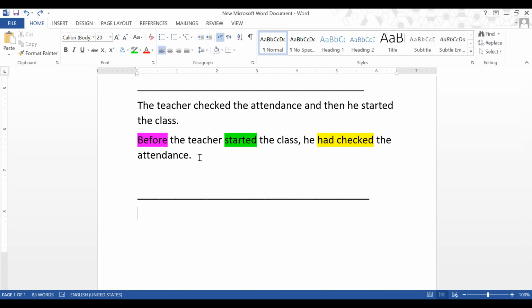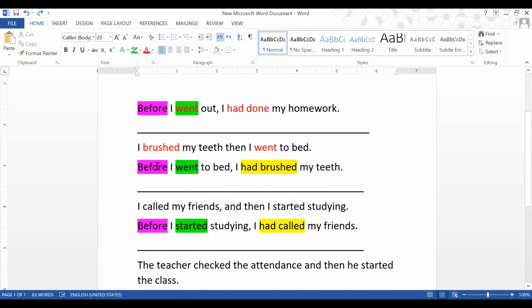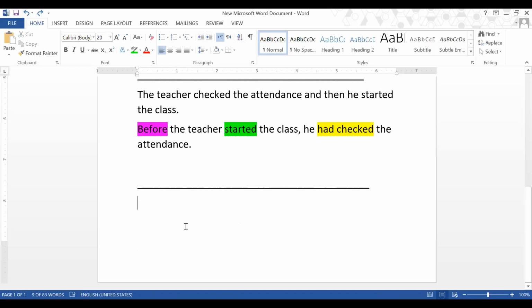Have a look at this example, the same one. Before I went to bed, I brushed my teeth and then I went to bed. I want to start with the word after.